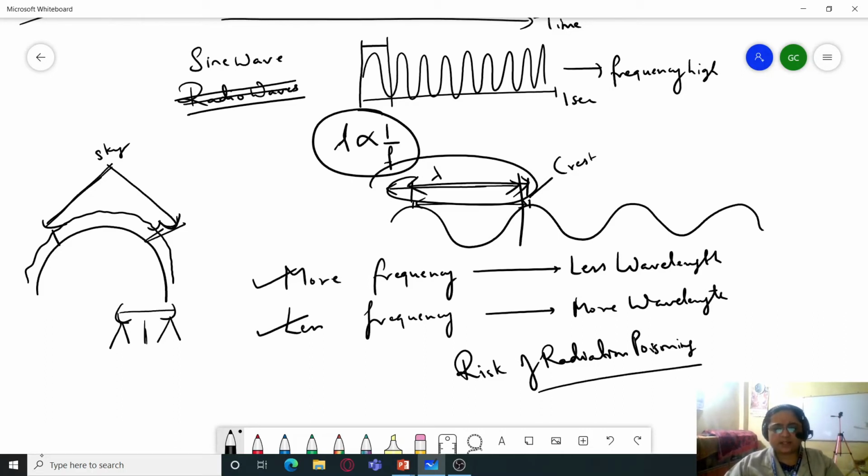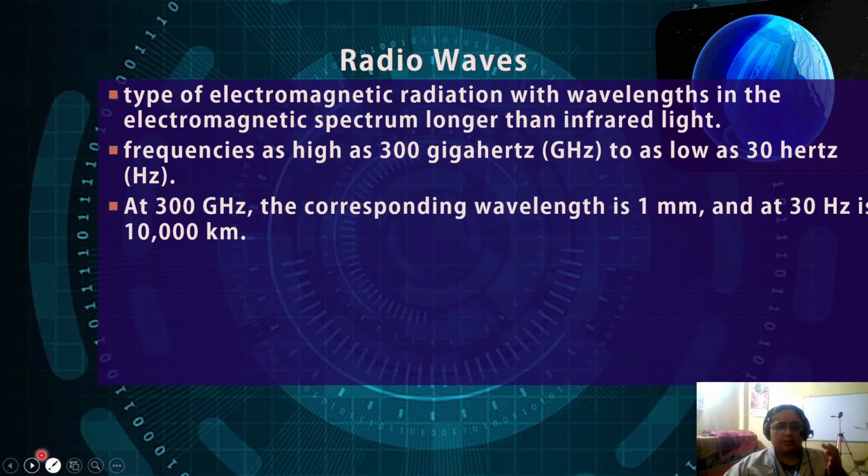If high energy waves are used, no matter that they can carry data in a better way, there is always a health factor involved, a health hazard in using them for communication. Hence, the best waves which could be used for communication till date are radio waves and microwaves.